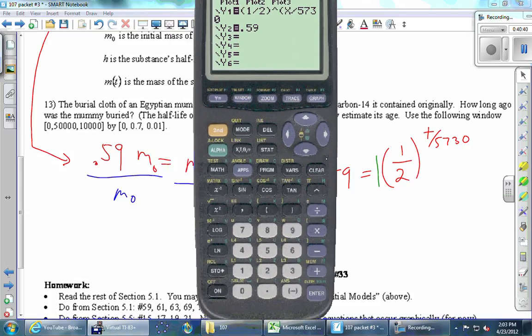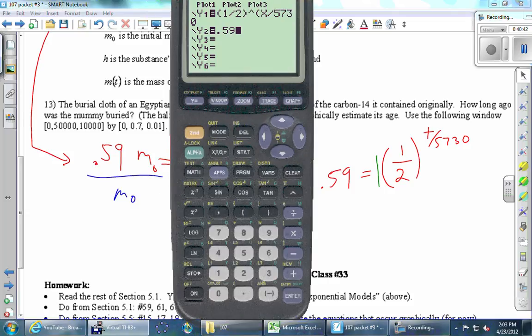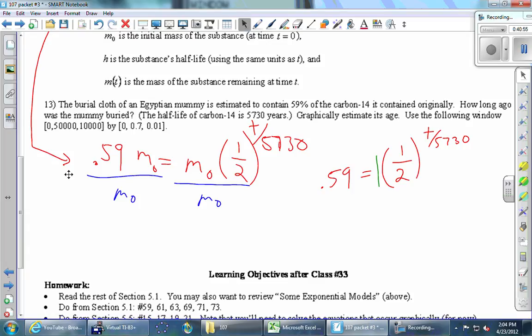Now, I'm giving you a big old clue right here with the window. I'm telling you use this window right here. So let's use that window right there. So we'll go into Windows. So the first three numbers are the X numbers. So I'm saying 0 to 50,000. How did I come up with 50,000? Oh, that's the number of years. That's okay.